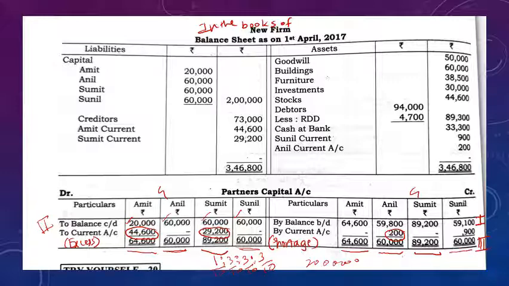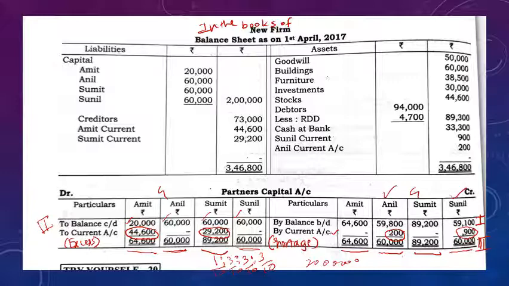The total is tallied at 3,46,800. So what we have done in this question: one thing was bank loan was taken over by a partner. Second thing, the capitals were adjusted in current accounts. For two partners, there was current account credit balance, and for two partners, we got debit balance in their current accounts.